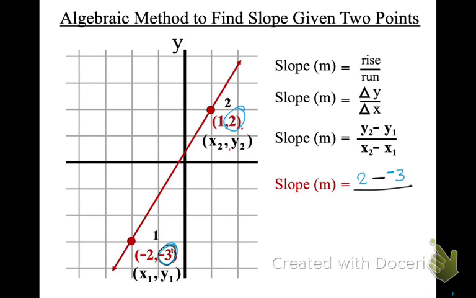So I'm going to x2 next, which is 1, minus, part of the formula, and then for the x1, we get negative 2. Okay, we simplify. 2 negatives make a positive, right? So it's 5 over, negative times negative is positive, 3. My slope is 5 over 3.